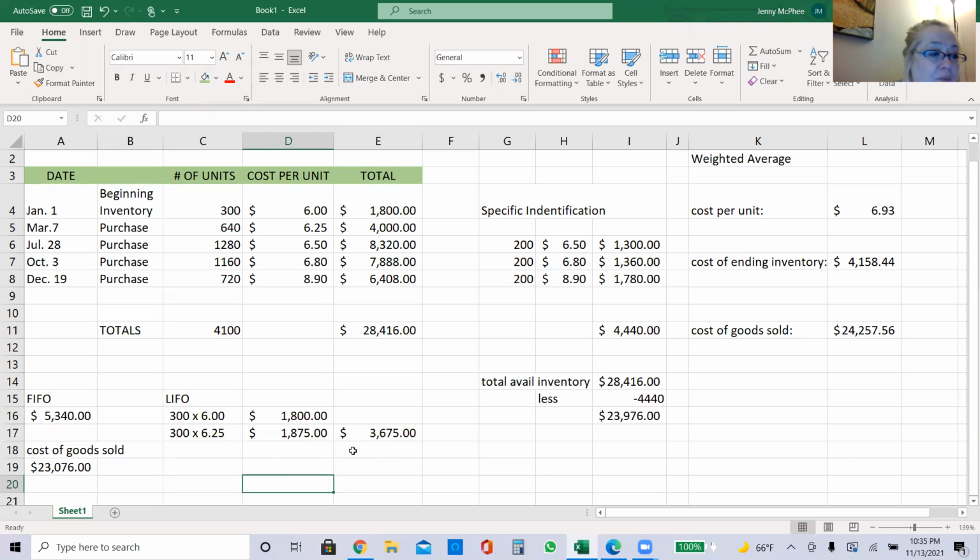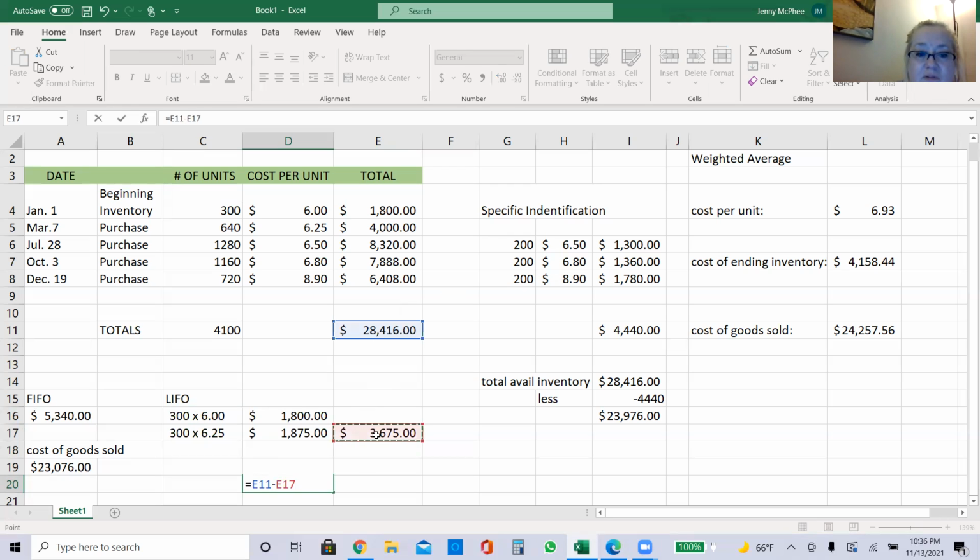And again, we go back to our inventory number up here. So this is equal this amount minus our total from the LIFO.